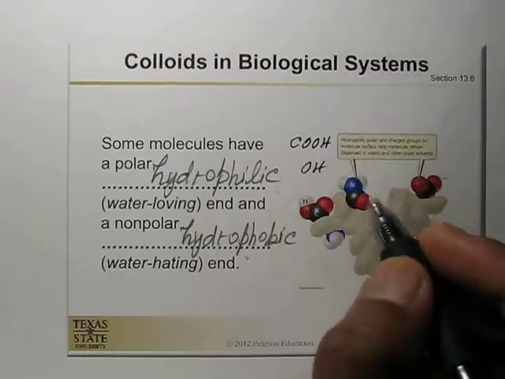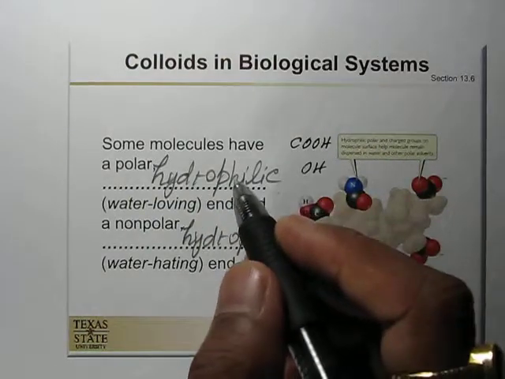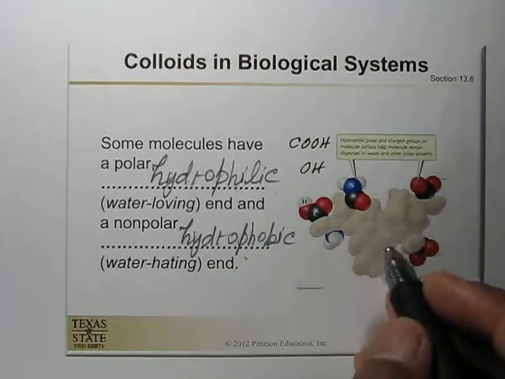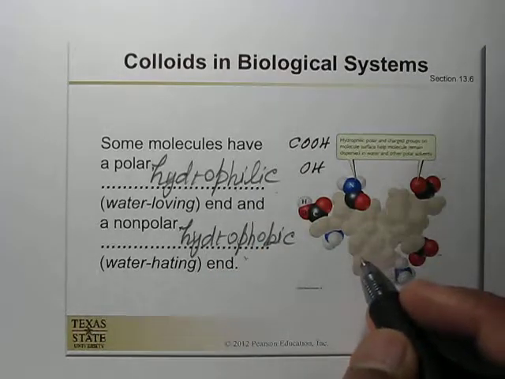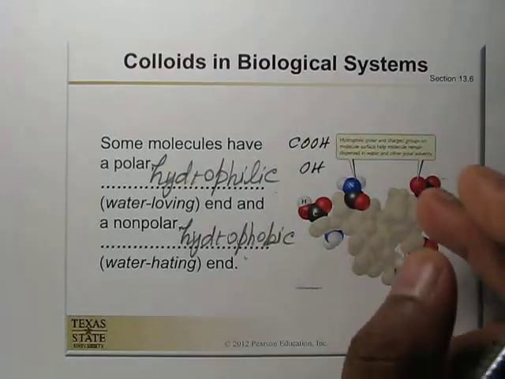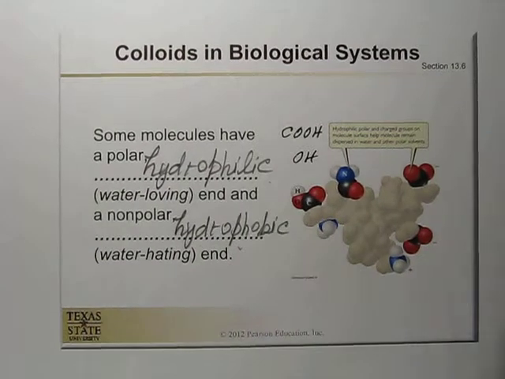Hydro means water, philic means loving, so they love water. The white part shows the hydrophobic or non-polar part, which can dissolve in fat or oil, right? So proteins also form colloids in water.